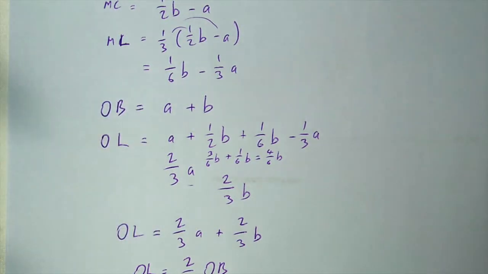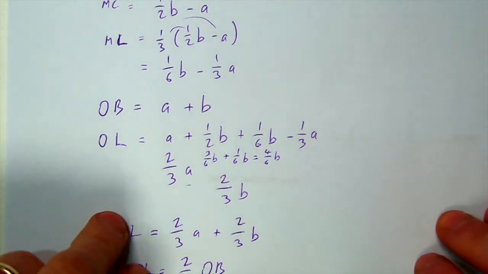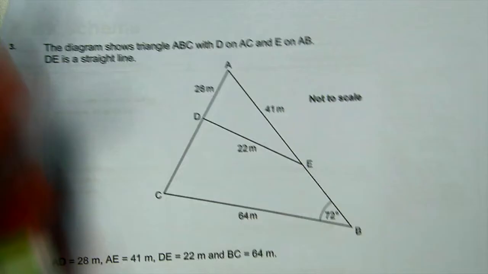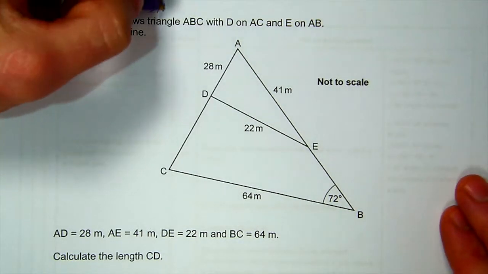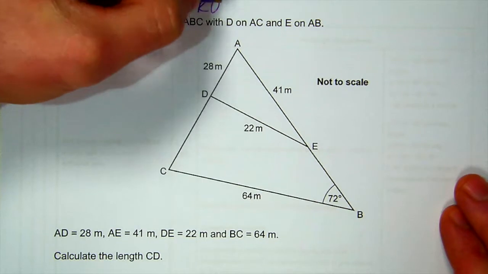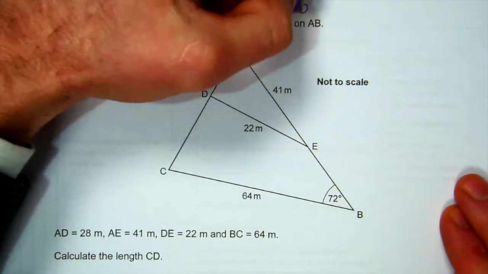Okay. Right, we're going to go on to the final question in this video. And it's this question here. And this is combining both sine and cosine rule into one question. So I'm going to write the topic here, sine rule and cosine rule.